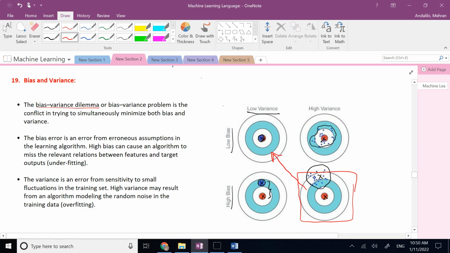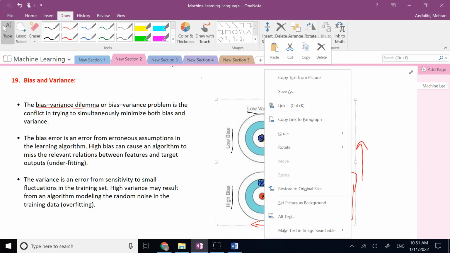If you reduce the amount of bias, going from here to here, you cannot do an amazing job on the variance. Or if you go this way and reduce the variance, your bias is not going to be improved so much. So typically you can only go in one of these directions. This direction here is not typically achievable. So that's what we call the bias variance dilemma.